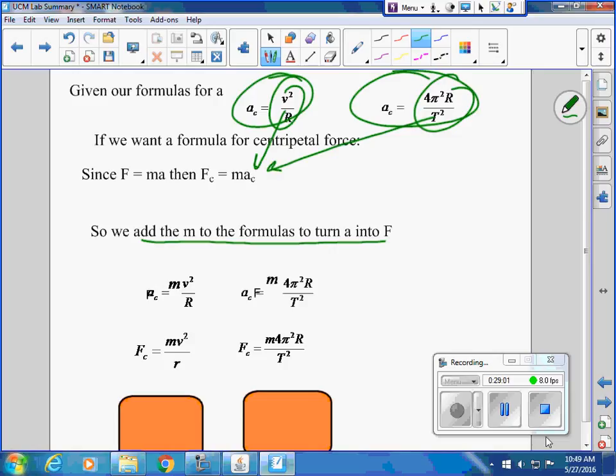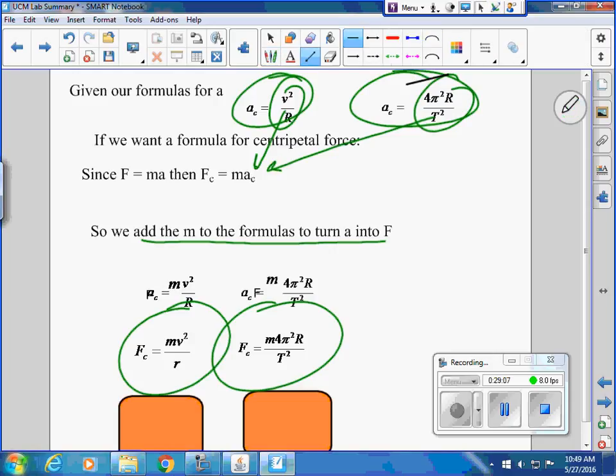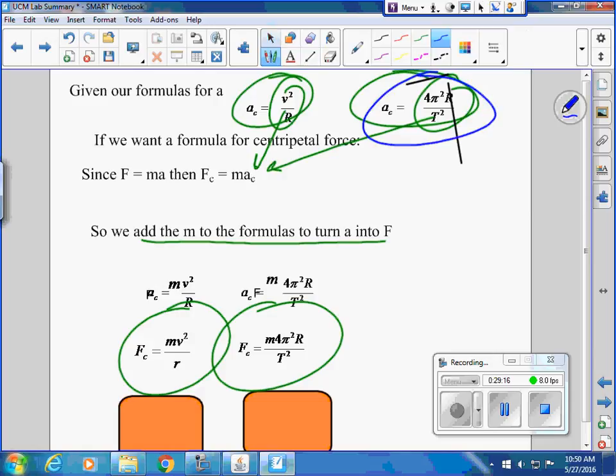These are the only ones you need, Nate. Those two and these two. Those four. And you'll notice that ac equals v squared over r is the same as mv squared over r, and m 4 pi squared r over T squared.